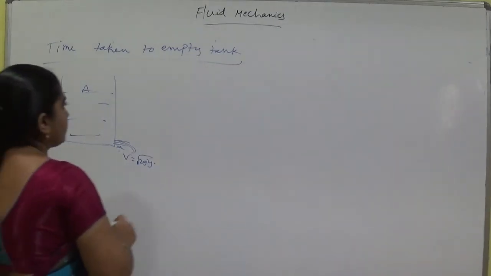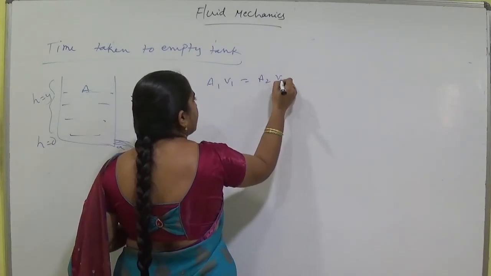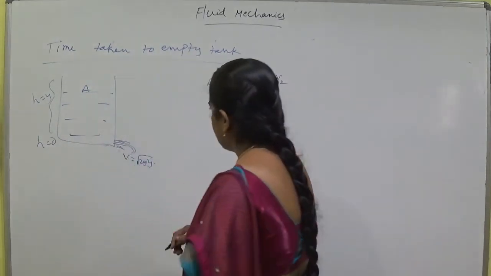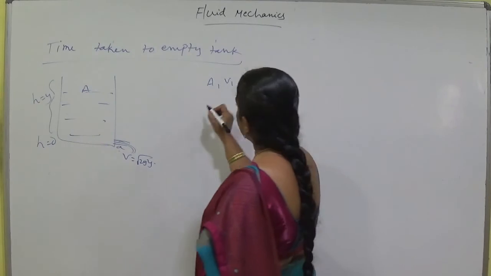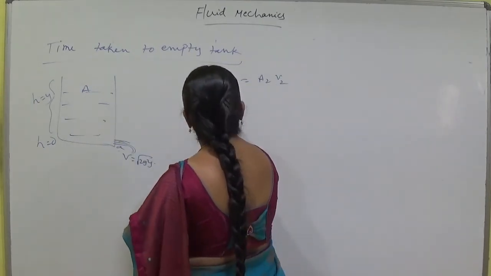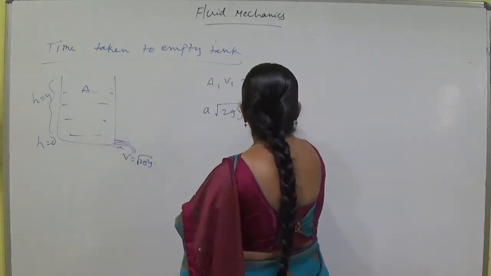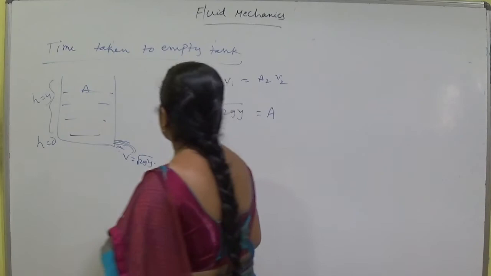So by the principle of continuity, A1 V1 is equal to A2 V2. So a into root of 2gy is equal to capital A into this velocity.